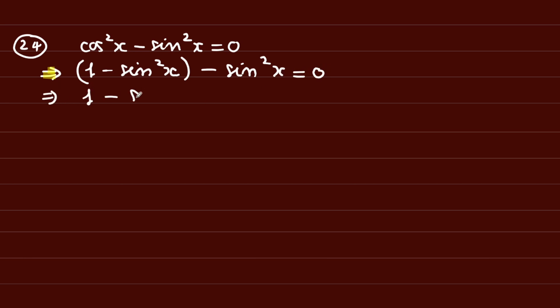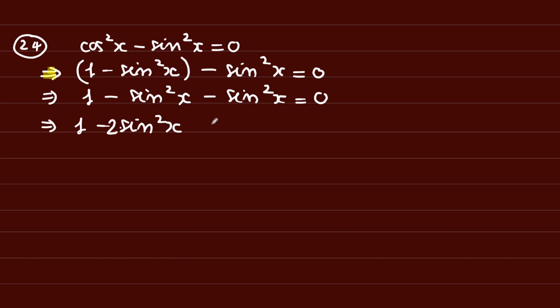Expand this bracket, you got sine square h minus sine square h equal to 0. And simplify this expression, we have 1 minus 2 sine square h equal to 0. And then you got sine square h equal to 1 over 2.